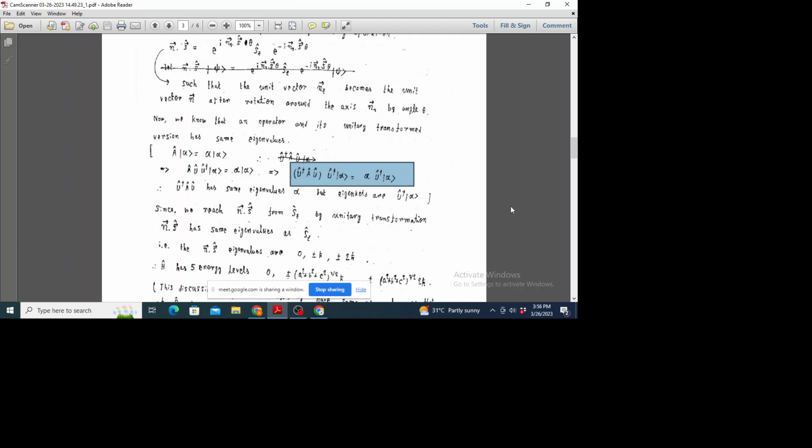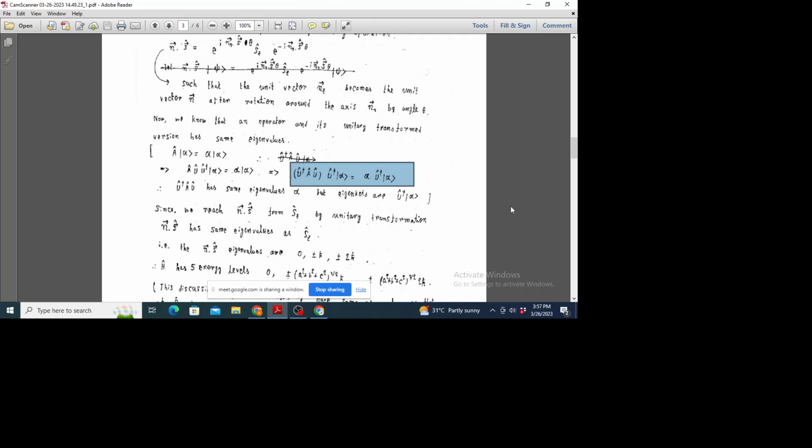Now we shall use this concept. As we have said, the Sz operator can be unitary transformed to the S dot n operator. So the eigenvectors will definitely be different for these two, but the eigenvalues will remain unchanged.